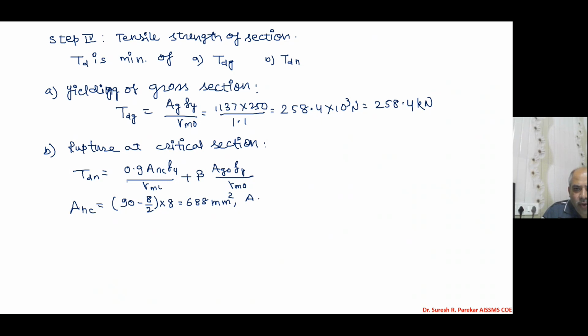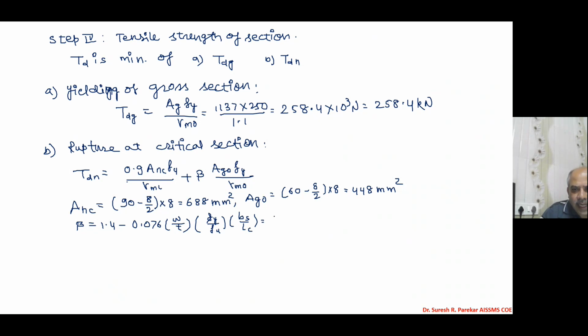And then AGO we have 60 minus 8 by 2 into 8, and we have this value, that is equal to 448 millimeters square. Now we have to calculate beta, which is 1.4 minus 0.076 W by T, Fy by Fu and Bs by Lc.